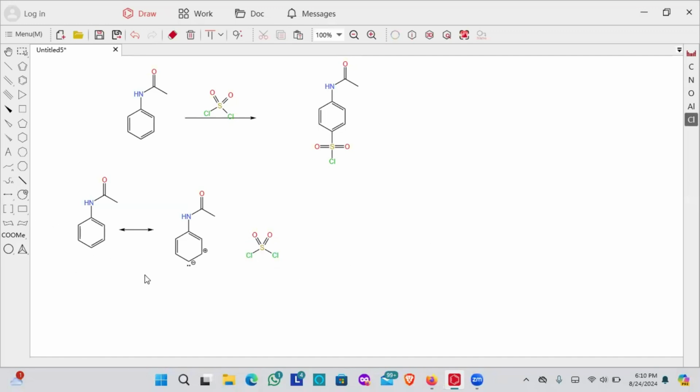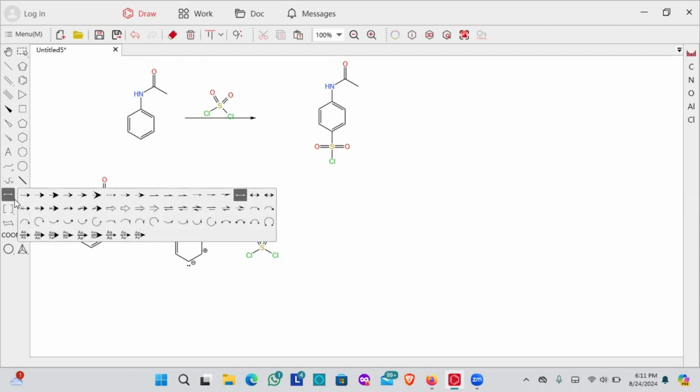Okay. What's going to happen is this pair of electrons is going to attack the sulfur, which is going to break one of the double bonds into a single bond, and we're going to end up with an intermediate product. From the intermediate product, we're going to have the chlorine atom leaving. Let's show how the mechanism is going to proceed.